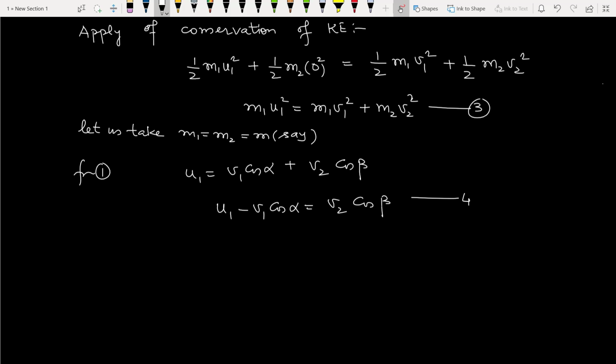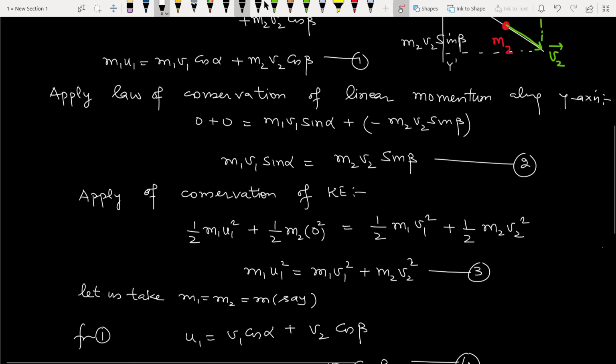Let this be equation number 4. From equation number 2, it will be v1 sin alpha equal to v2 sin beta.